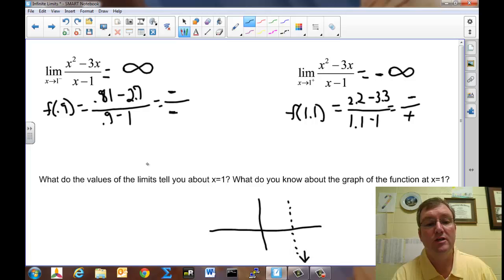And we know that if we take a number smaller than that, the function is going to be up here. So suddenly, by knowing a little bit about calculus, by being able to evaluate the limits, we've got some idea of what's happening with this graph around this point. And as we learn more and more, we'll be able to tell you more things about the graph simply by evaluating limits at particular points.